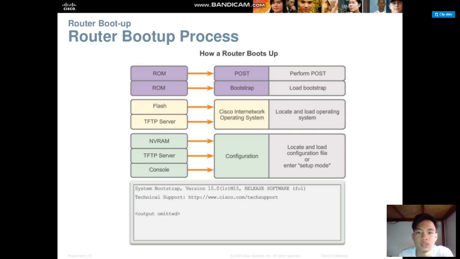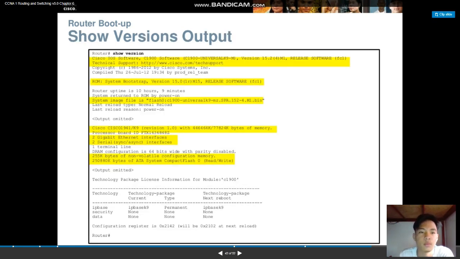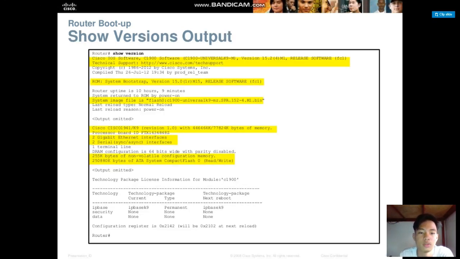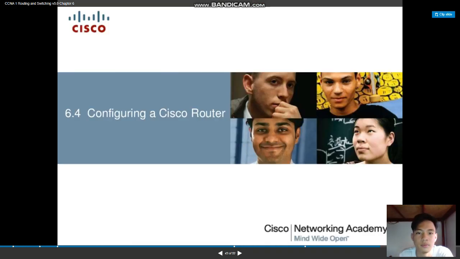Router boot up process: this is how a router boots up according to this illustration. The show version output, when you enter this command, will show the version of the Cisco OS software.